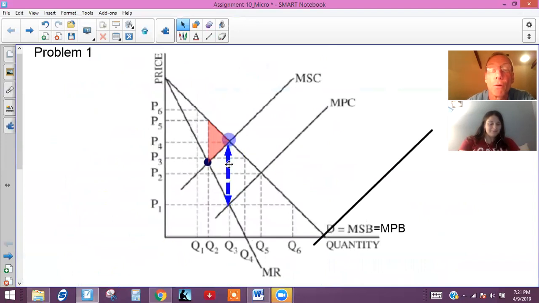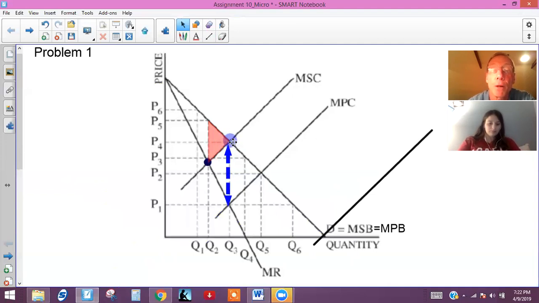So therefore, where the monopoly would produce, or where they would actually charge at this point right here, if they were just operating like a monopoly, happens to also be where this higher marginal social cost equals marginal social benefit. So if they were to produce right here, there would be no deadweight loss at all.